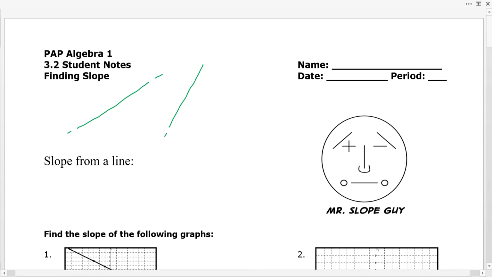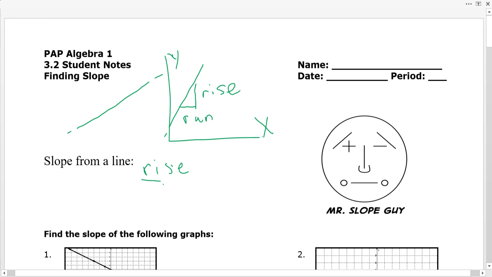Some of the ways we find slope involve graphing. This is our y and this is our x. You've probably seen this before. This is your run and this is your rise, and the slope is a fraction, rise over run.